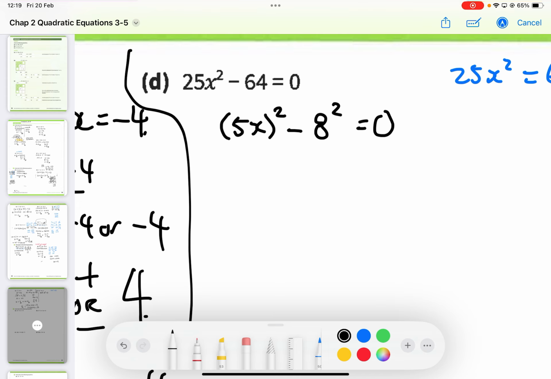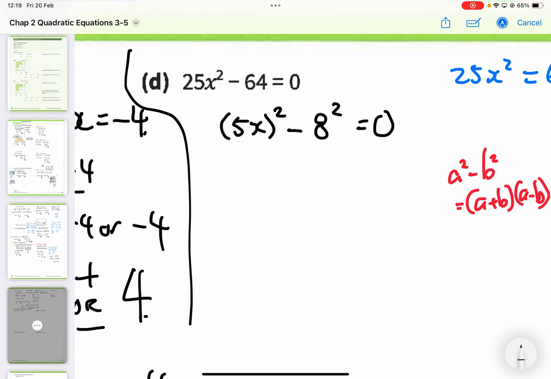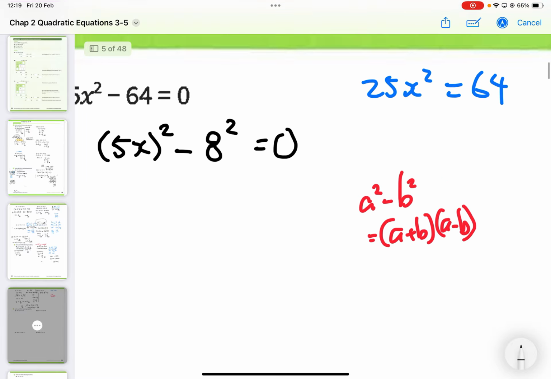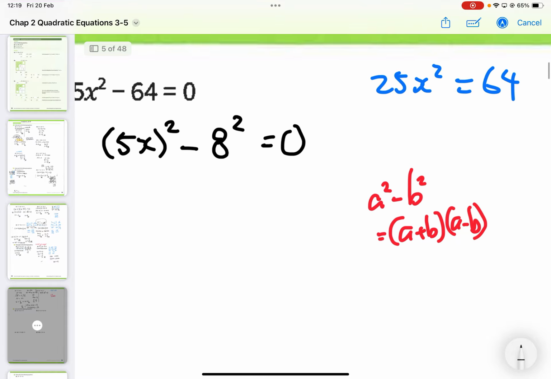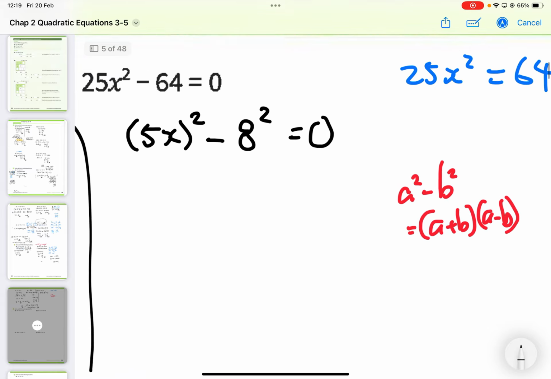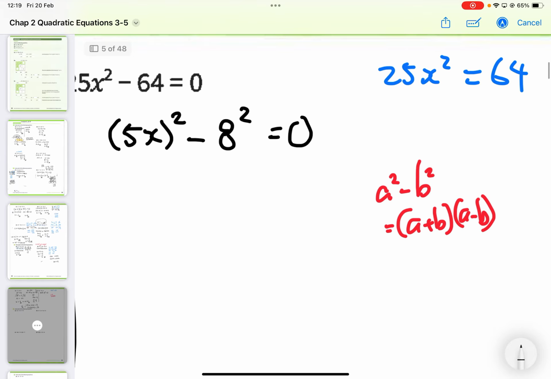When we have a difference of squares, then there is another identity: a square minus b square is equals to a plus b, a minus b. So there is this special identity. Front square minus back square can straight away be factorized. I can bring the 64 over and take square root, like part C like that.